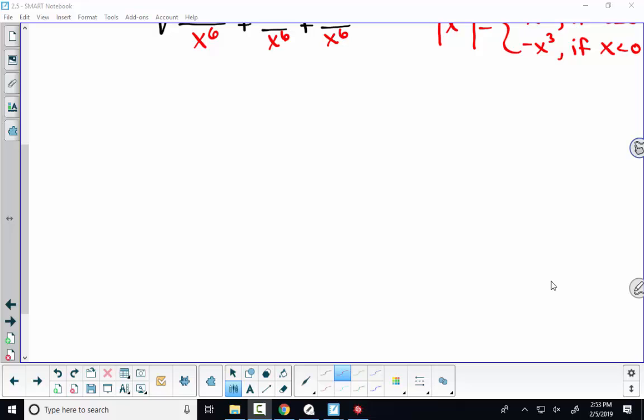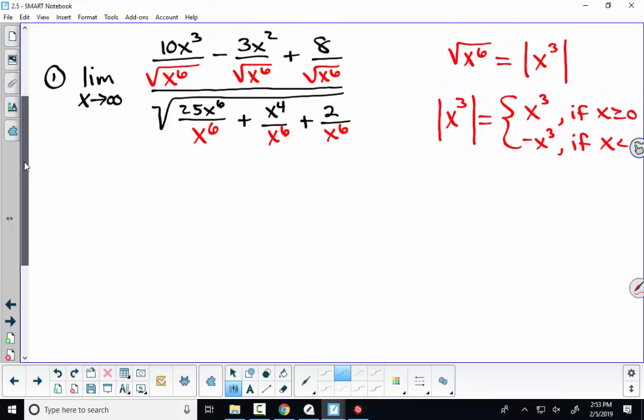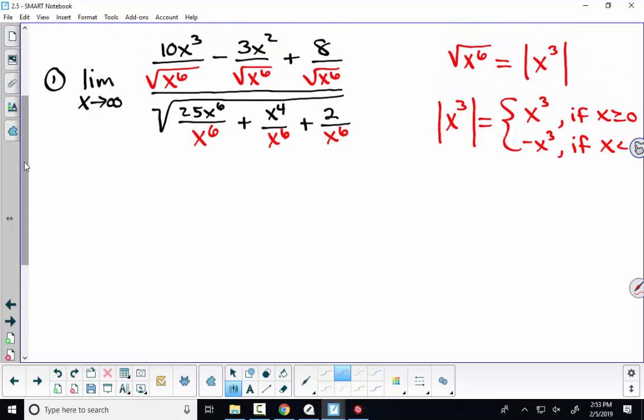All right, so this is where we're at with this one. X is approaching positive infinity, so we're going to use that definition for the absolute value of x cubed, which is the square root of x to the sixth.